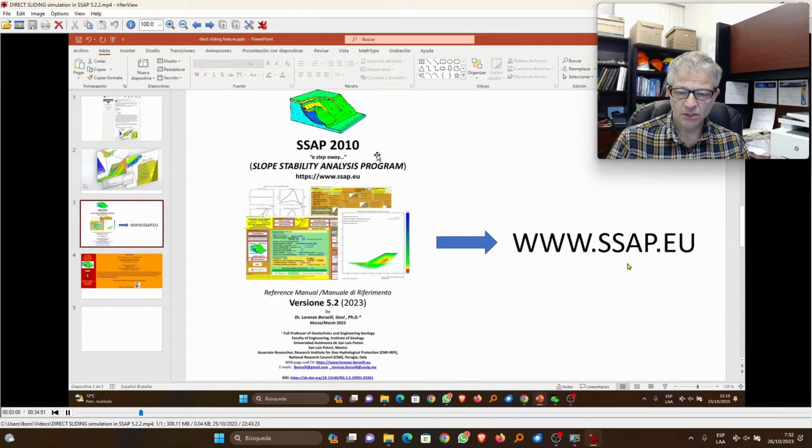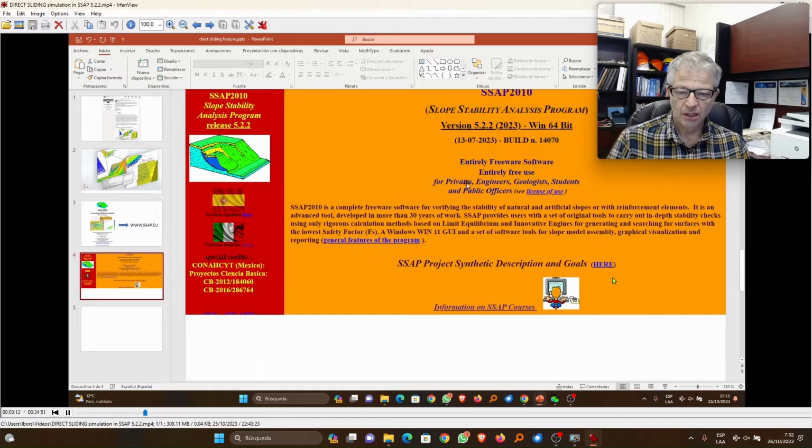Well, we introduce as well what has happened with SSAP software. That is, I remember, completely freeware software for the scientific and engineering communities in the world, that have had the possibility since a long time ago to have a lot of tools to perform slope stability with advanced limit equilibrium methods.